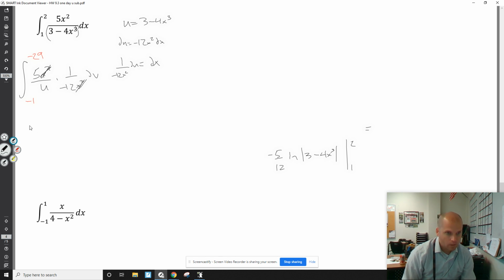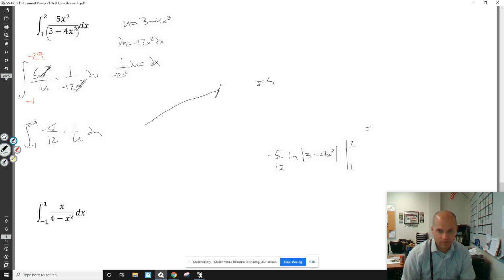Okay. I'd rewrite this as negative 5/12 times 1 over u du, the antiderivative of which is negative 5/12 log absolute u plus c from -1 to -29.